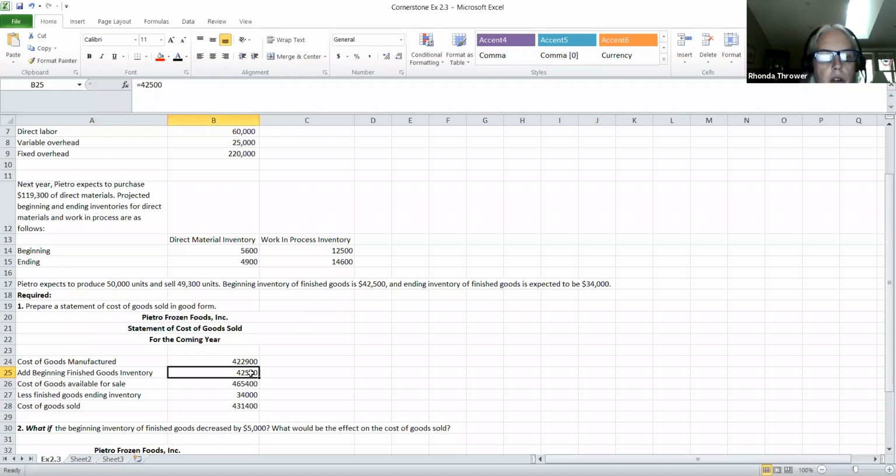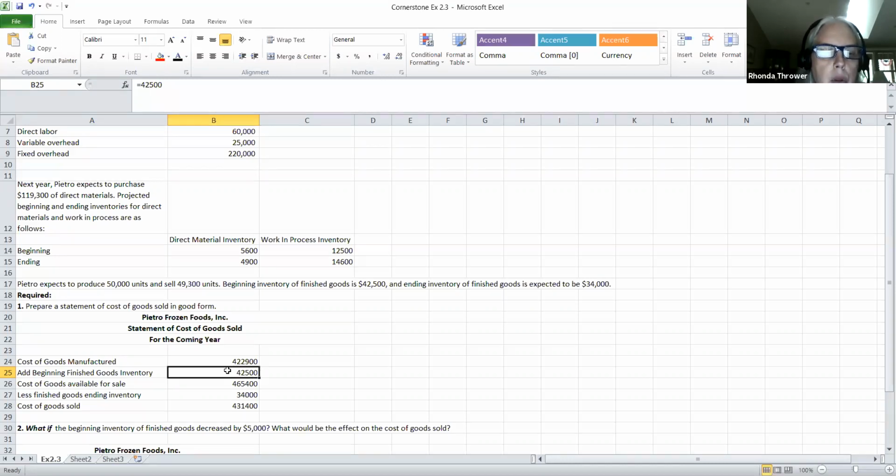You'd have to look at your finished goods inventory account and see what the beginning amount was. Or you could look on your balance sheet and see what the ending finished goods inventory was the previous period, and this is where we would get this amount. Of course, it's a physical count that's taken of the finished goods inventory. This is the inventory that you haven't moved out of the warehouse.